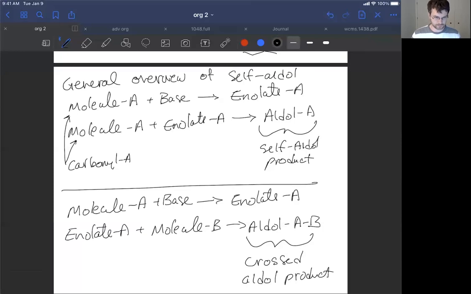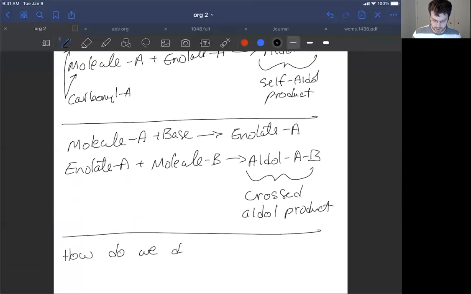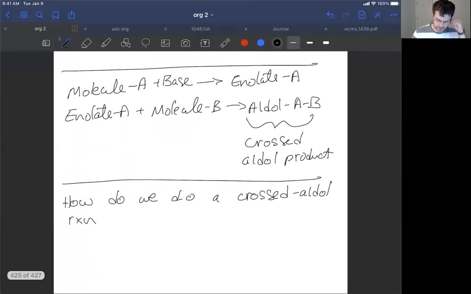Okay, so how do we do a cross aldol reaction? That is where we have two different molecules.